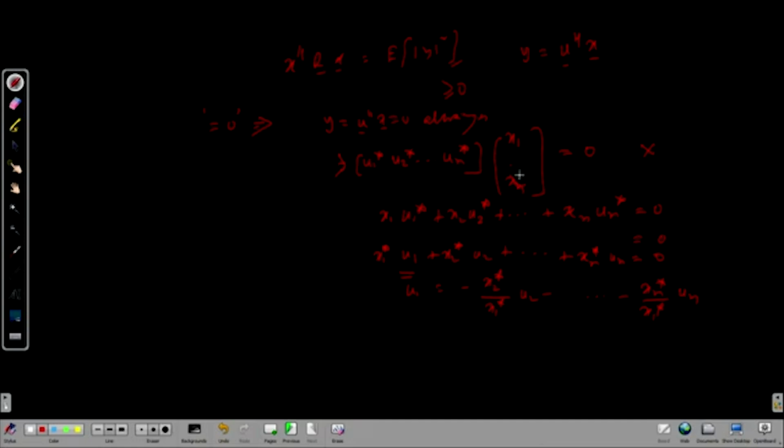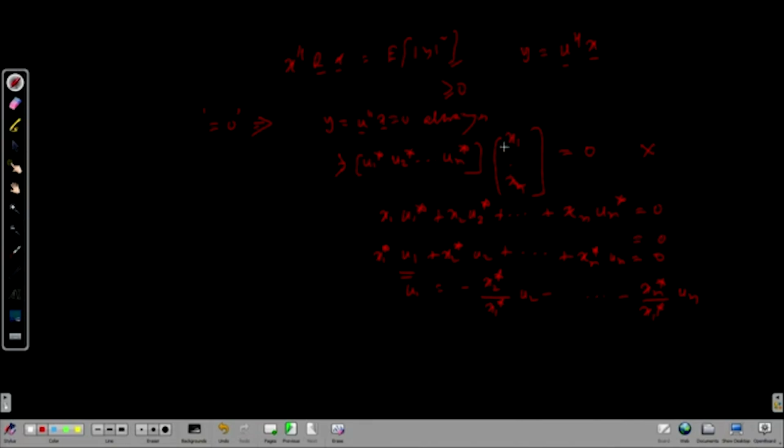Because when I talk of positive definiteness, x must be non-zero. There is at least one coefficient non-zero, or all coefficients are non-zero. So non-zero coefficients with this equal to 0 cannot happen, because that would have been linear dependence: at least one random variable linearly related to others. Even if x is a vector, I want x to be non-zero.